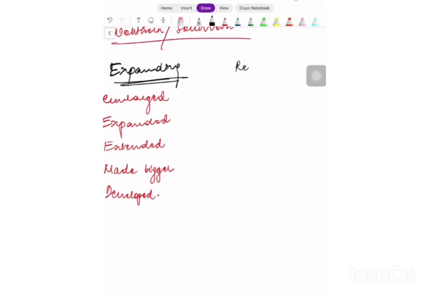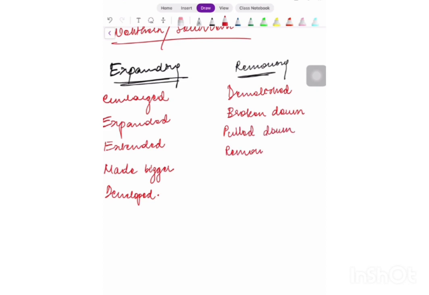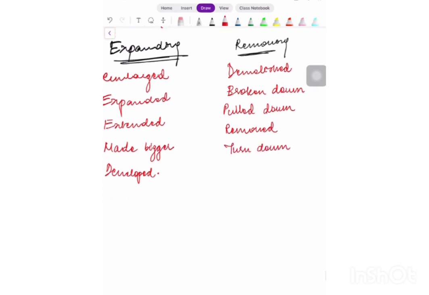Then for the word removing, you can use demolished, broken down, pulled down, removed, turned down, cut down.